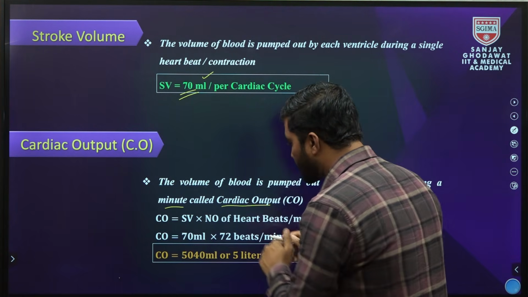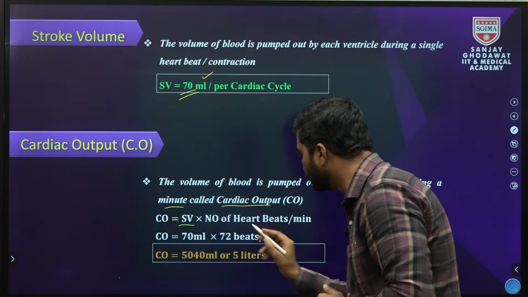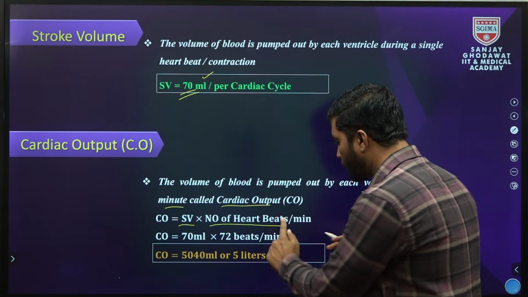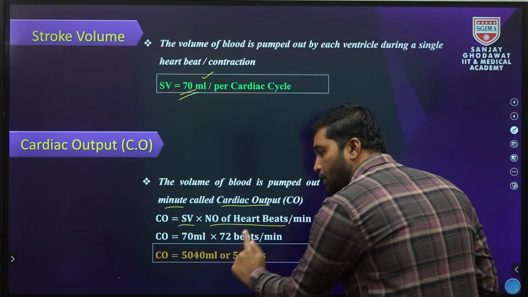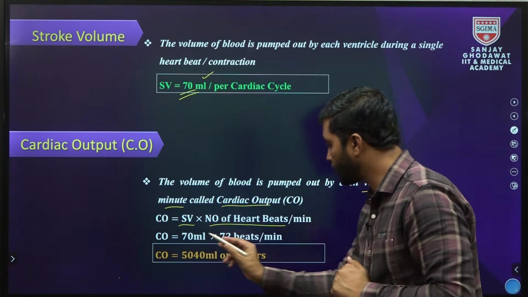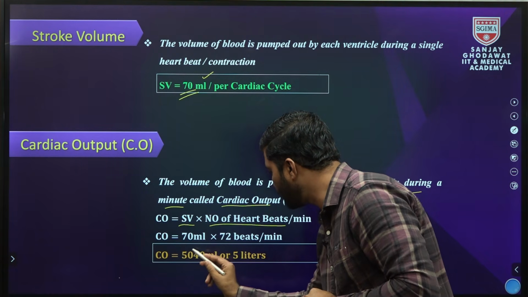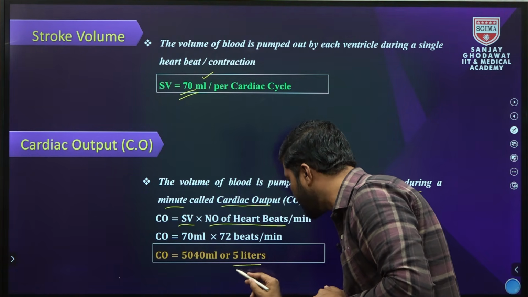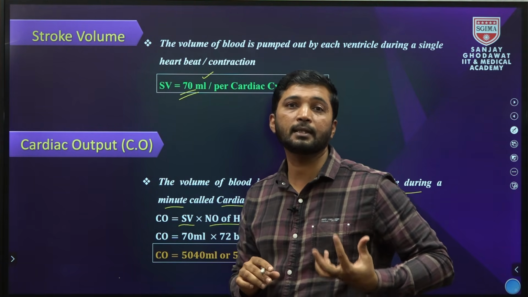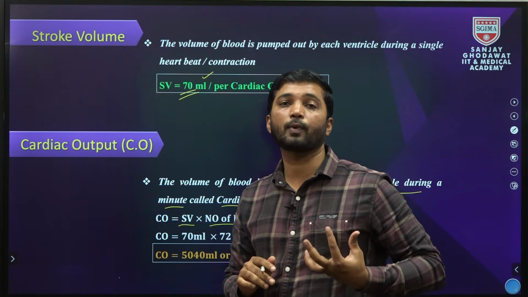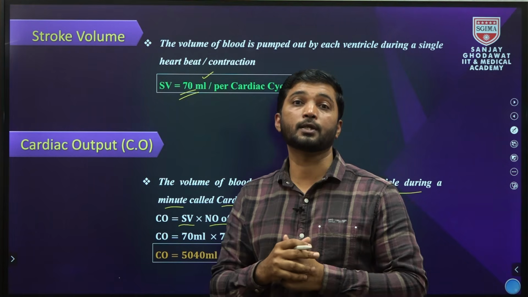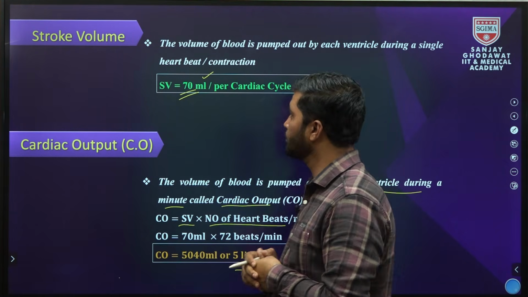The cardiac output is equal to the stroke volume into the number of heartbeats per minute. If you take 72 as the average heartbeat per minute, the cardiac output is equal to 5040 ml or 5 liters per minute. It means in a single minute, each ventricle of the heart pumps 5 liters of blood, that is the cardiac output.